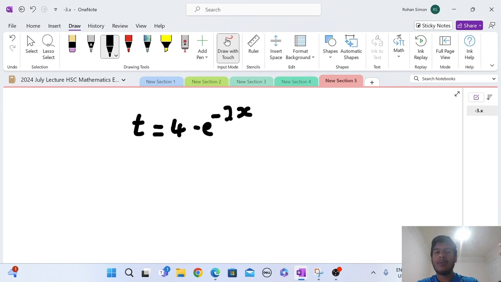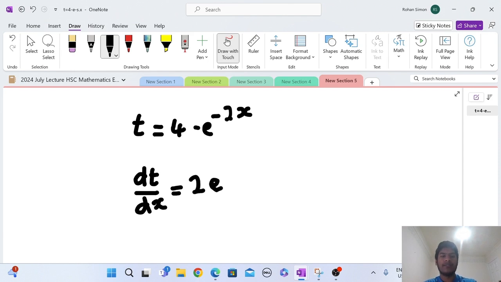But there turns out to be a more efficient way, and that is to use one of the rules for reciprocating derivatives. Again, treating derivatives a bit like fractions, but again, it's a result of the chain rule. So if we take the derivative of t with respect to x, which is the flipped version of velocity, the derivative of 4 is just 0, and the derivative of minus e to the minus 2x, if we bring the negative 2 down, is 2e to the minus 2x.